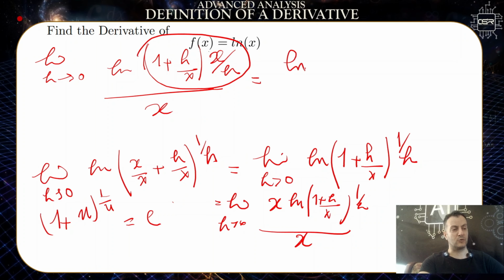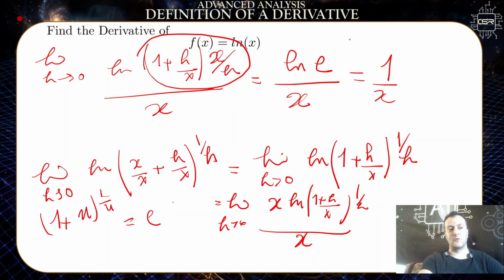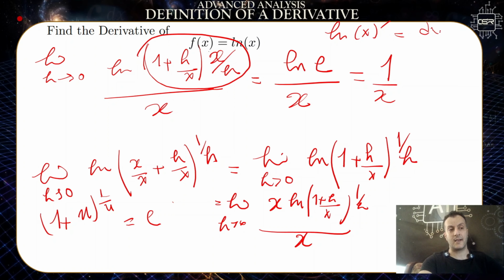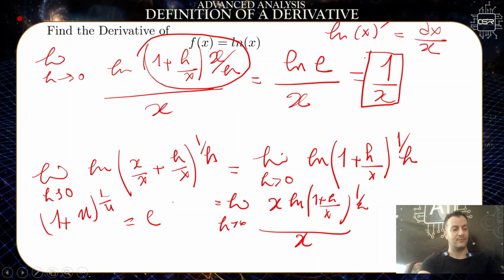So it is equal to ln e divided by x. What is ln e? It is 1. Hence, it is equal to 1 over x, which is where we derive the formula: the derivative of ln x is equal to dx over x, which is the derivative of x over x, equal here to 1 over x.